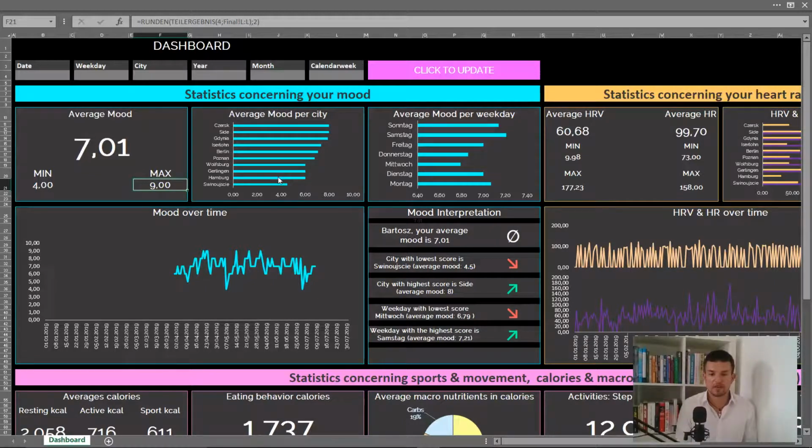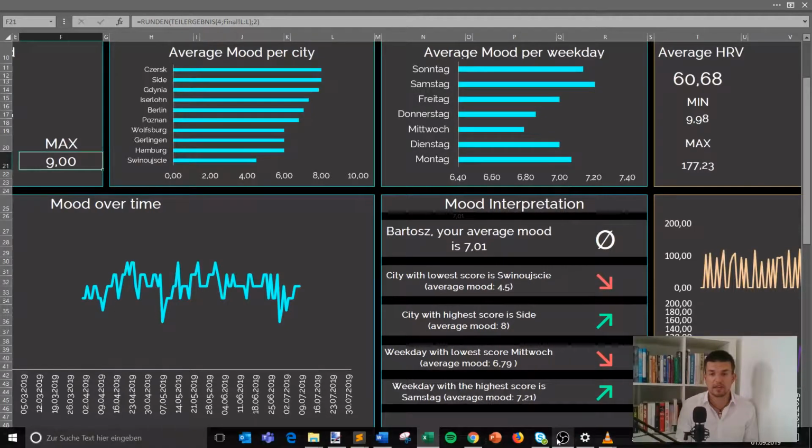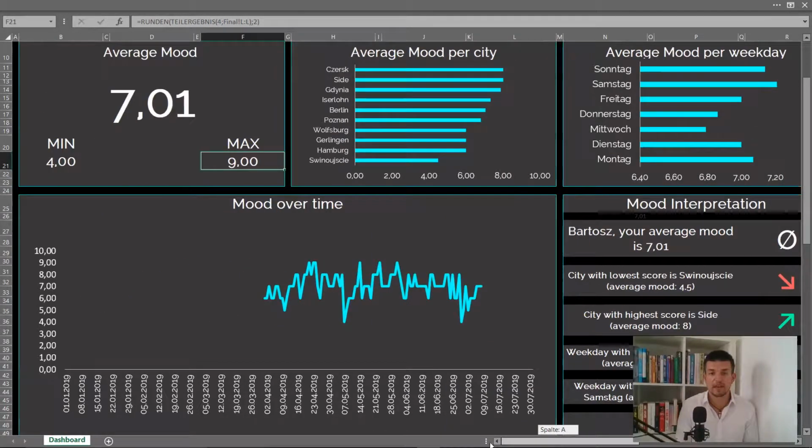Then let's take a look at my mood over time. What we see here, I started collecting it. Let's zoom in. I started collecting it, I think, at some point in March and stopped at some point in July. And what we see is that my mood is pretty stable.